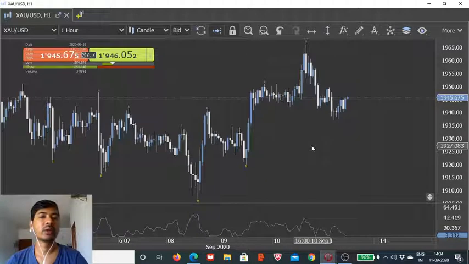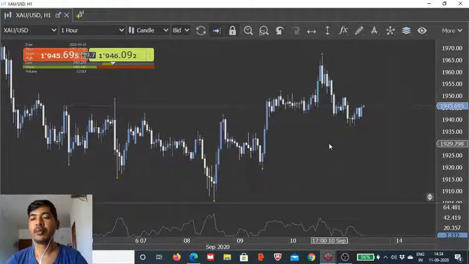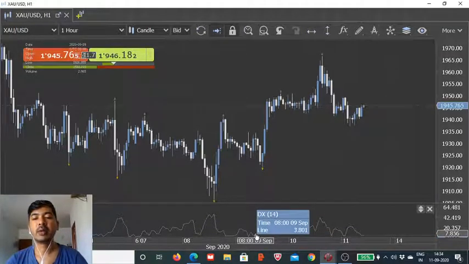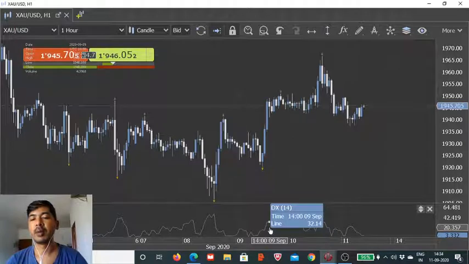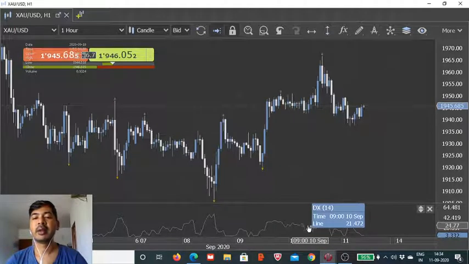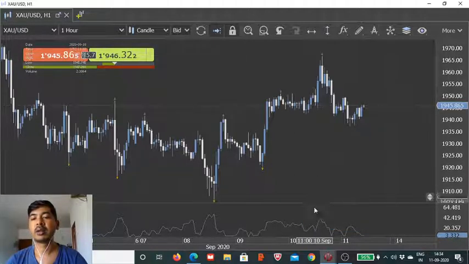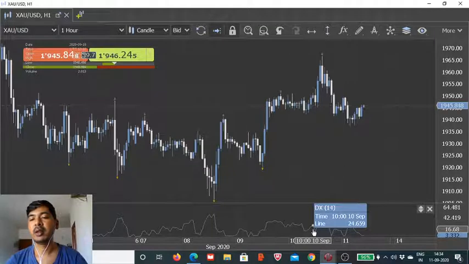Here comes the gold, and now we have to see these DX values fluctuating between below 25 to about 25. As I said, whenever there is not much price action, we see values dipping below 25, and as soon as the momentum kicks in, we see these DX values jumping sharply above 25.